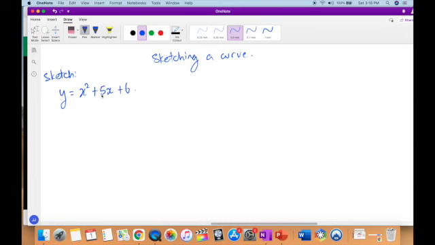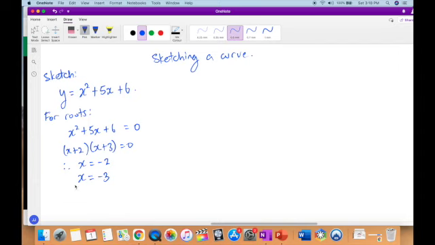Well, we know that for the roots, we'll put x squared plus 5x plus 6 equal to 0. That means we want it to be on the x-axis, and the x-axis is where y is 0. So we're making y 0. We could factorize: x plus 2 and x plus 3 equals 0. Therefore, x is negative 2, x is negative 3. So we found the roots.